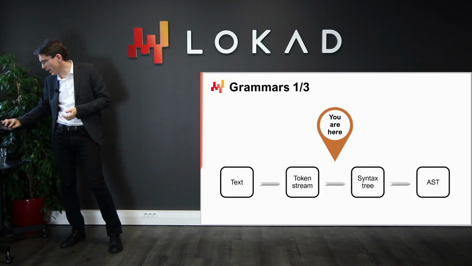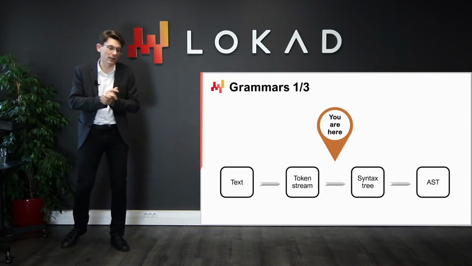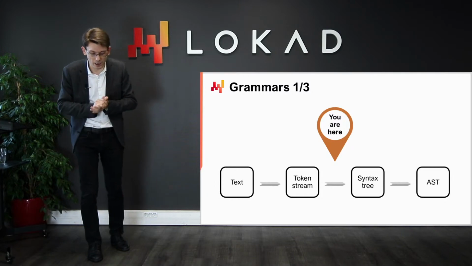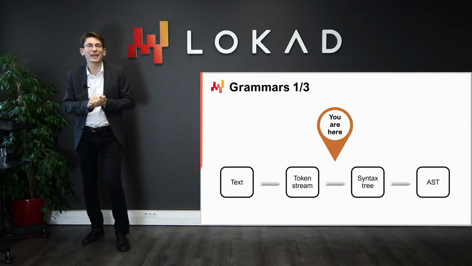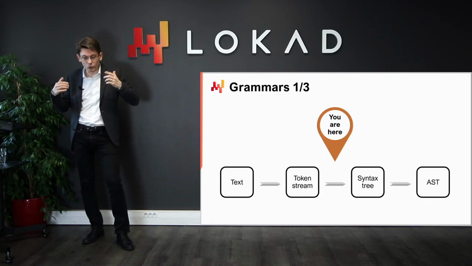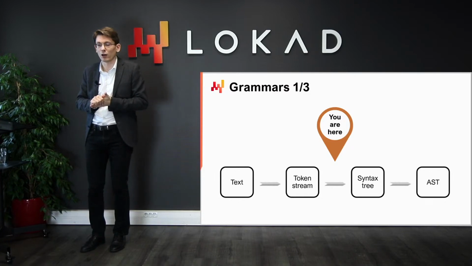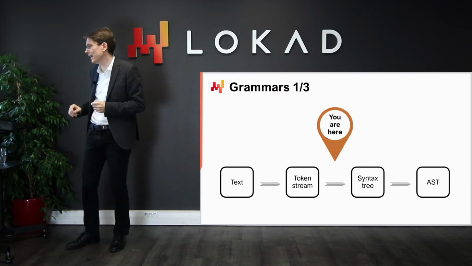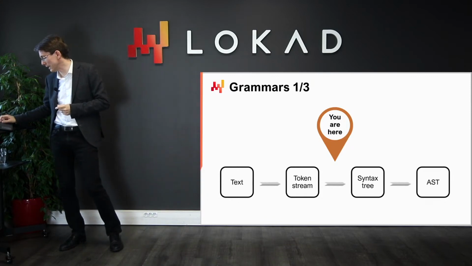Now, from a supply chain perspective, as relational data is super prevalent in enterprise software, it makes really a lot of sense to have a grammar taking care of all the relational concerns directly at the grammar level in the language.